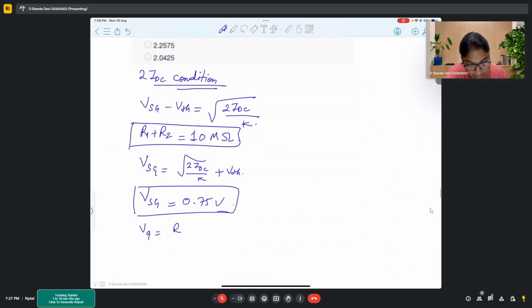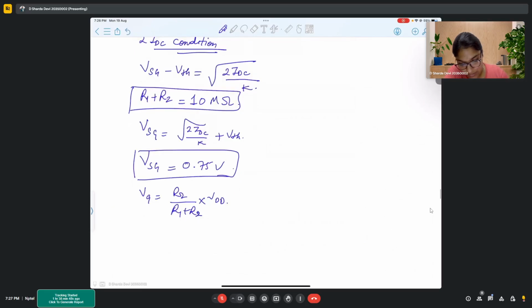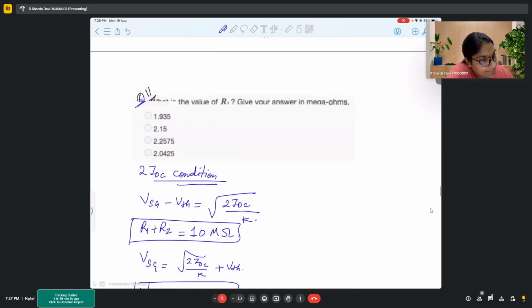VG is R2 upon R1 plus R2 into VDD, and Vs is 5 minus 2 IDC into RS. Vs, right?